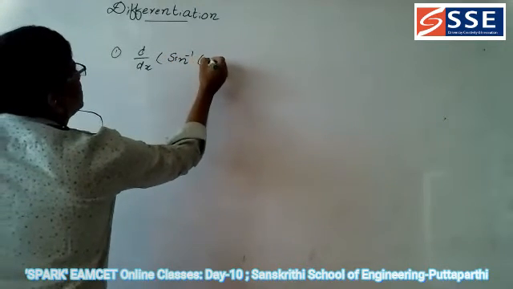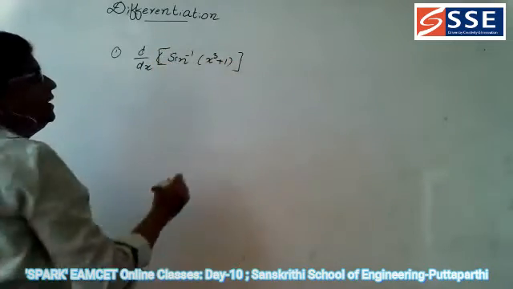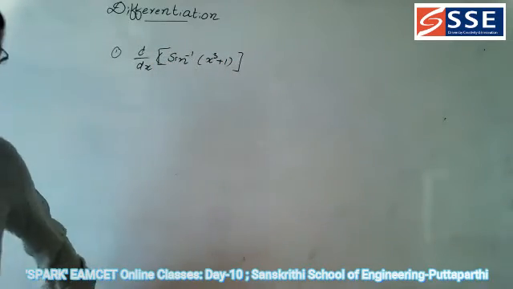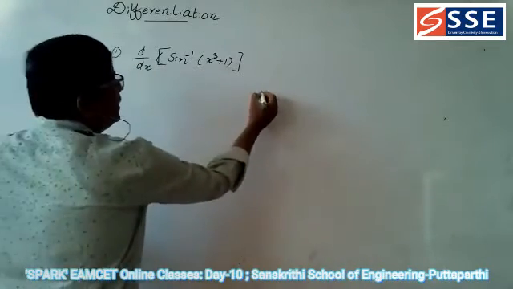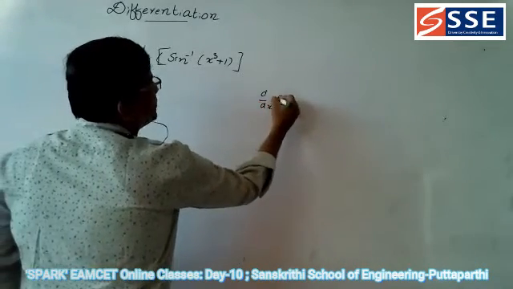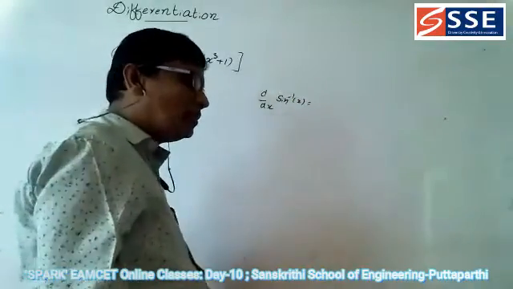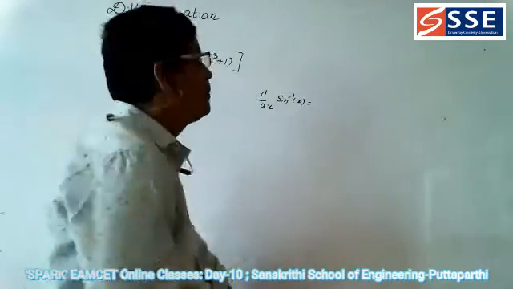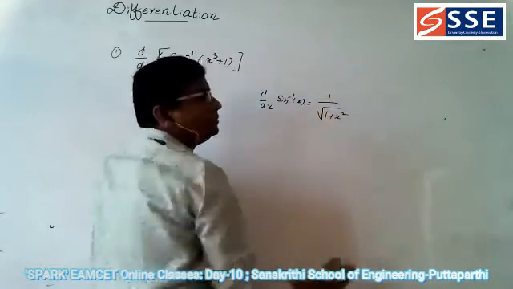Find the differentiation of sine inverse of x cubed plus 1. For this, what formula do you require? d by dx of sine inverse x is equal to, can anybody say what is the formula for d by dx of sine inverse x? 1 by root of 1 plus x square.